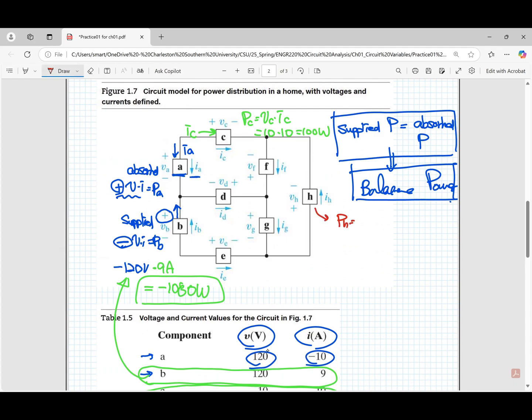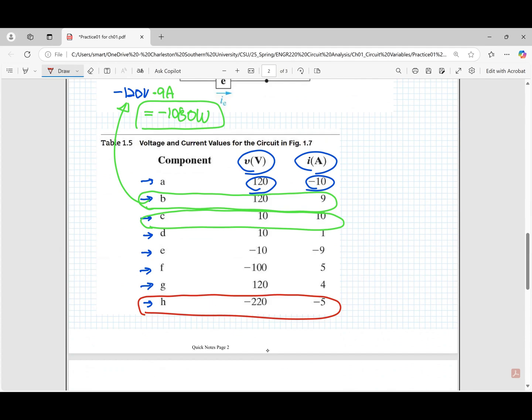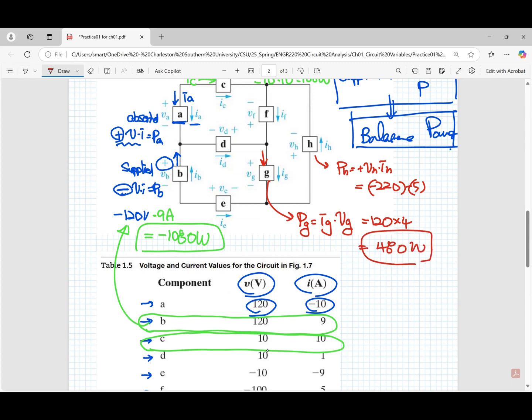P sub H is plus V H and I H. Where is the H? Minus 220 times minus 5. How about the G? That was absorbing. So P sub G is 120 times 4, 480 watts.